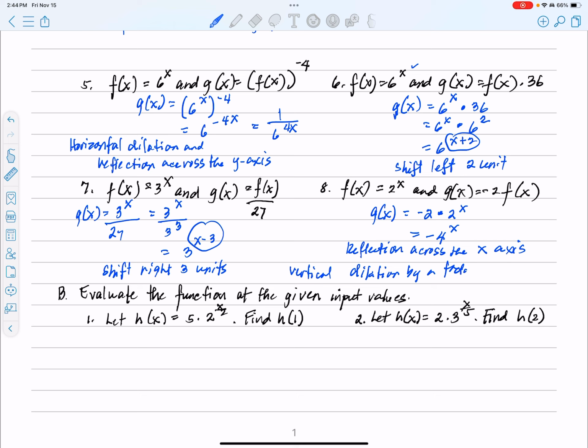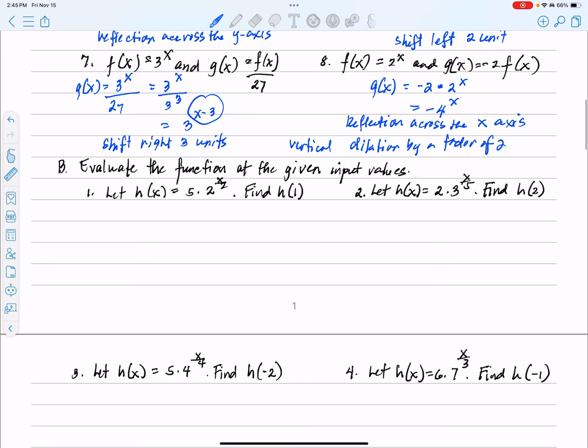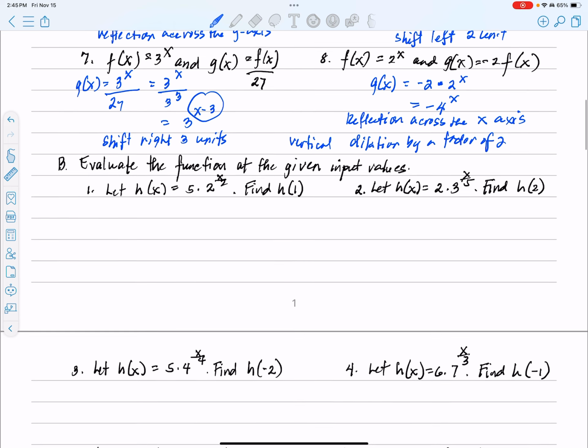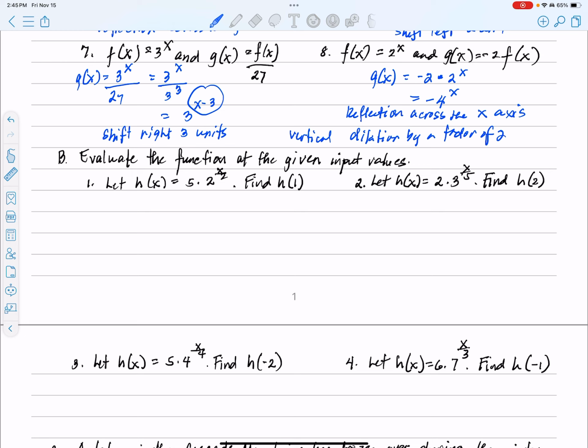All right. Let's have B. Evaluate the function at the given input values. Let h of x be 5 times 2 to the power of x over 2. Find h of 1. So h of 1 would be 5 times 2 to the 1 half, as we replace x with 1.